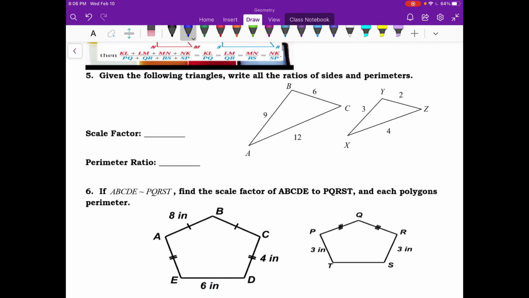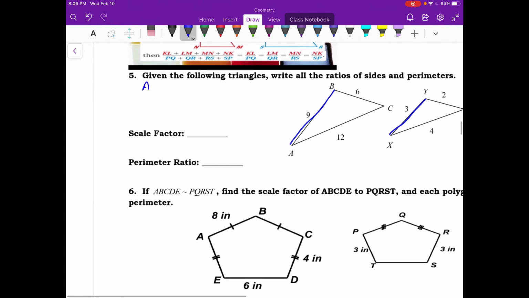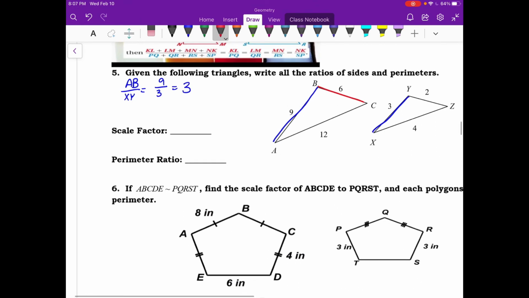So let's start with writing out our proportions. We got AB and XY. So I'm going to do AB over XY, which simplifies to 9 over 3, which is 3. Now we do it again. BC and YZ.